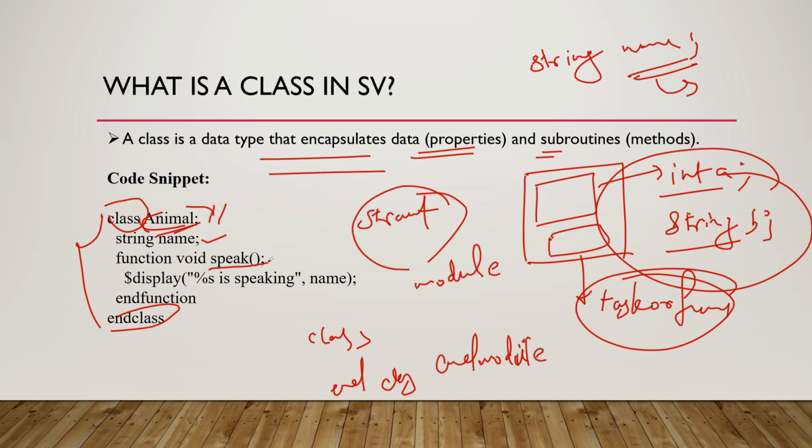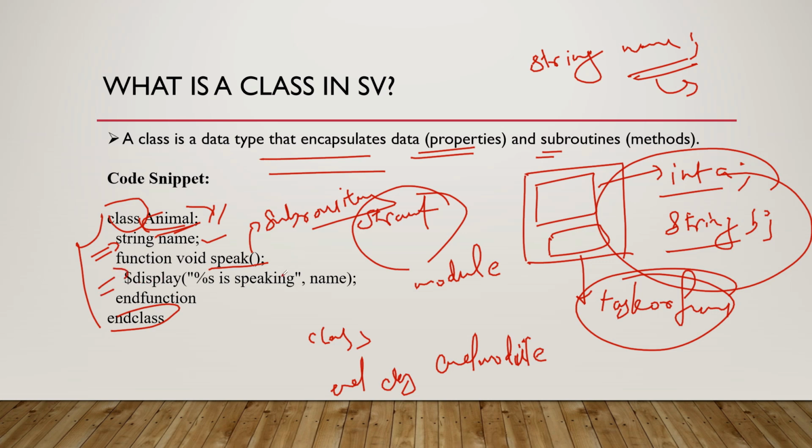We have also declared one function, and here the function is nothing but our subroutine. It is just a naming convention, and the technical industry follows it, so we have to adapt to it. You can see function void speak.